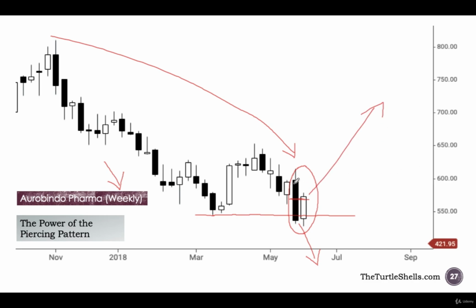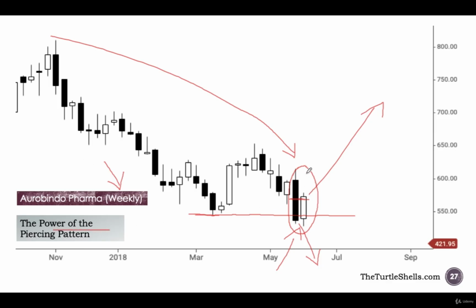Here the bears have proved what they could do, but they could not hold on to that position. Although they broke support, they could not hold that break of support, which is where the bulls came into the market and pushed the price up. So that is the power of the piercing pattern.